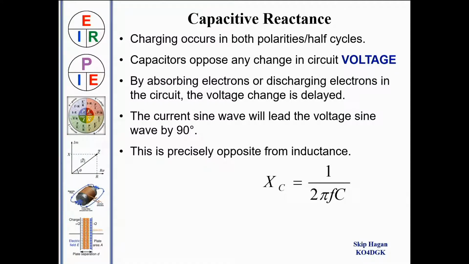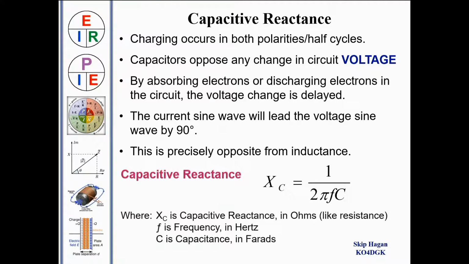So we have a frequency component for both. But instead of henries, we have farads as capacitance. And X sub C is a reciprocal. It's 1 over 2 pi F C. So its effect is opposite to inductive reactance.